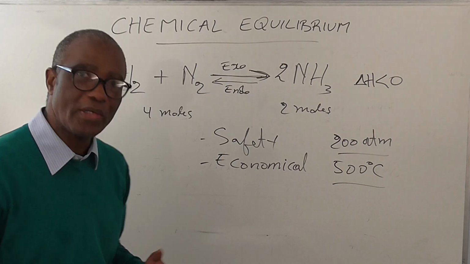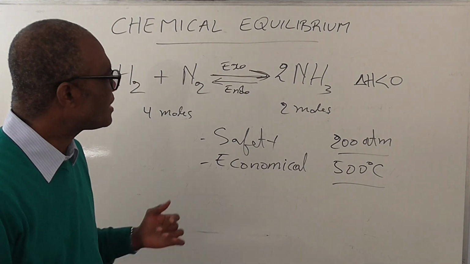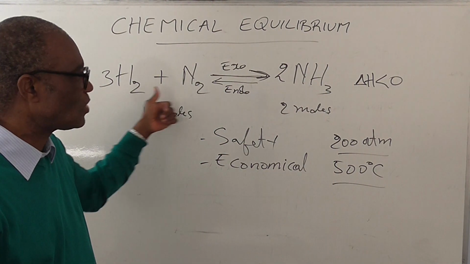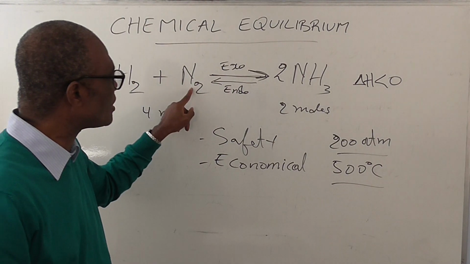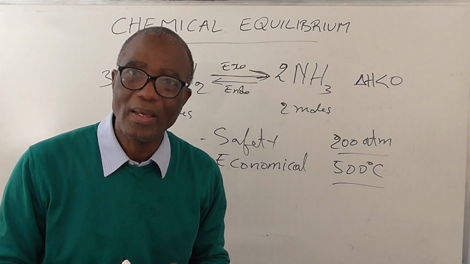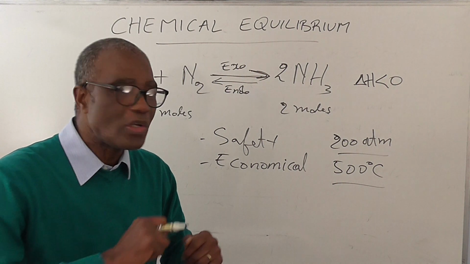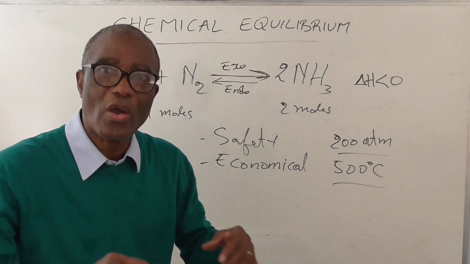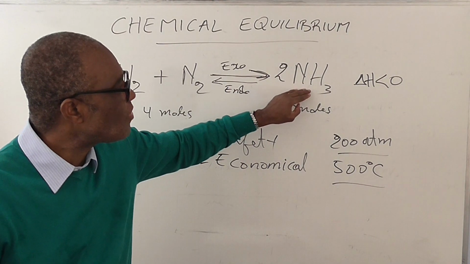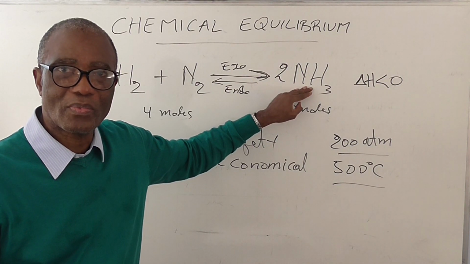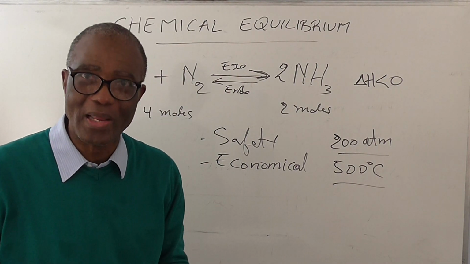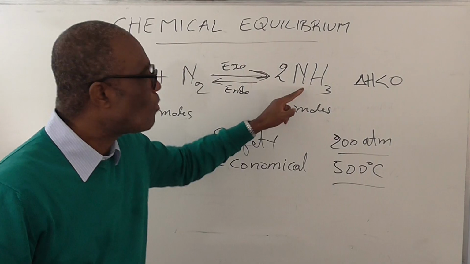We have learned that if we increase the pressure in a gaseous reaction, and this is a gaseous reaction because hydrogen is gas, nitrogen is gas, ammonia is also gas, the equilibrium will shift toward the direction where we have fewer molecules. So when we increase the pressure, we are going to have more ammonia. If you are a production manager, we need to increase the pressure to get more ammonia.